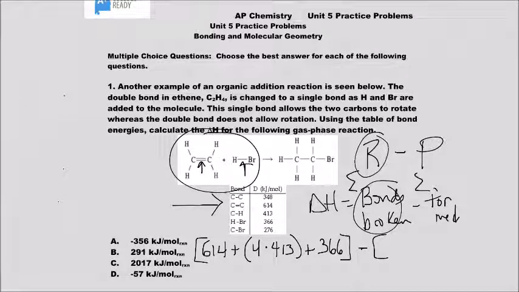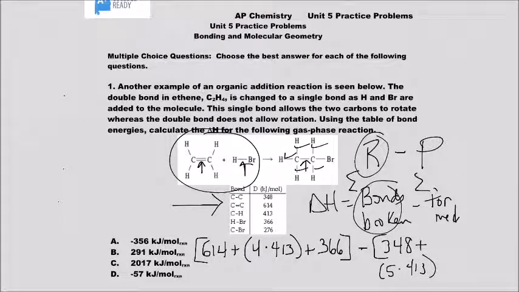in the products. So now I have this new single bond, which only releases 348 kilojoules per mole. I do have, if we count carefully, 5 CH bonds, so it's 5 times 413.